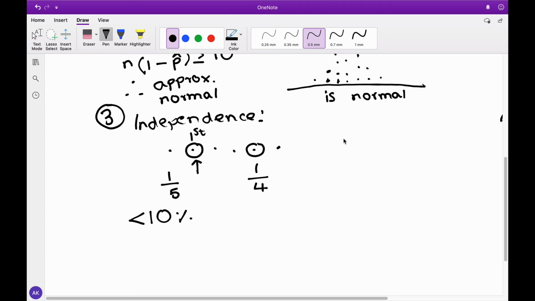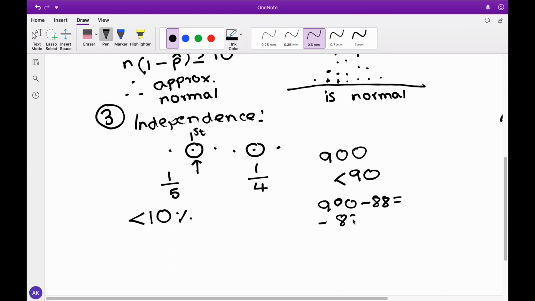And that's because, well, if you have a large population, like, I don't know, 900 people, less than 10% means maybe less than 90 people. That means that, well, if you survey the 89th person, you've already surveyed 88 people, so 900 minus 88 people are left.